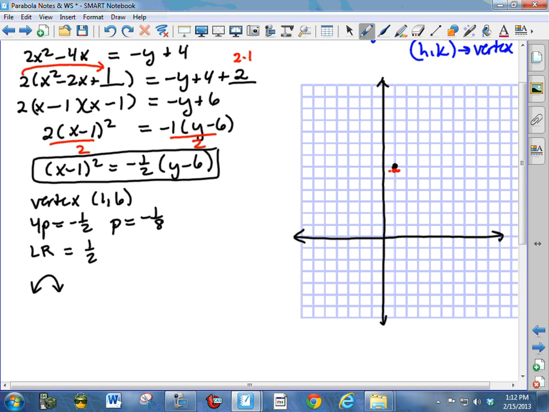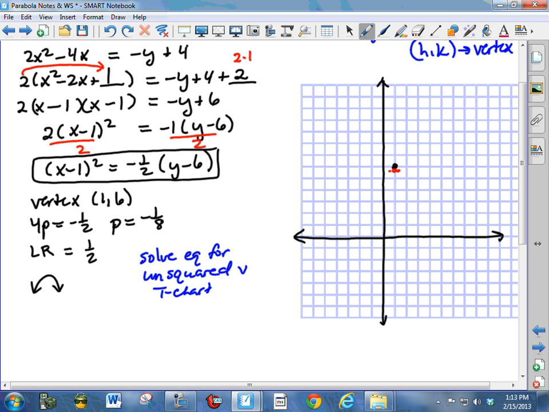So when I have a situation like this where the p-value is very small, it's best just to plot a couple other points. So what I usually do is solve the equation for the unsquared variable and then just plot points, make a t-chart.